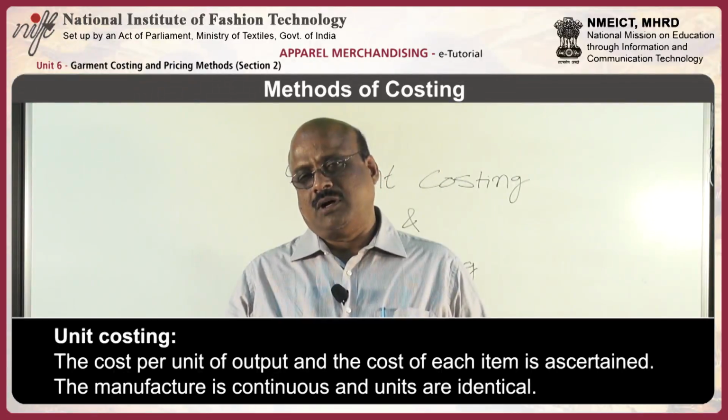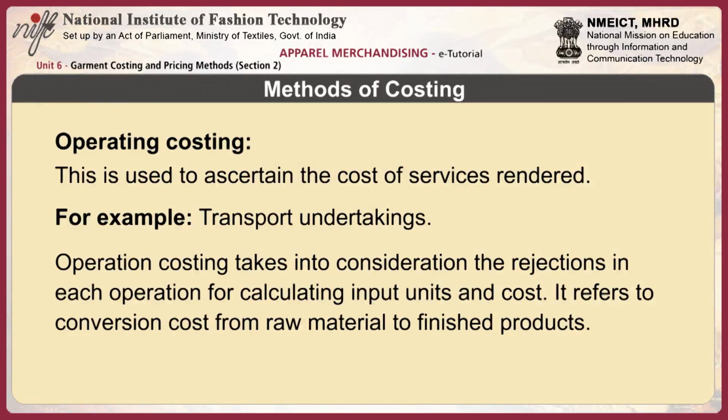Then we have operating cost. Operating cost is used to ascertain the cost of services rendered. That means, in order to do a certain operation, a certain service, what is the cost incurred? The cost of that service can be calculated by doing operation costing. For example, transport undertakings.